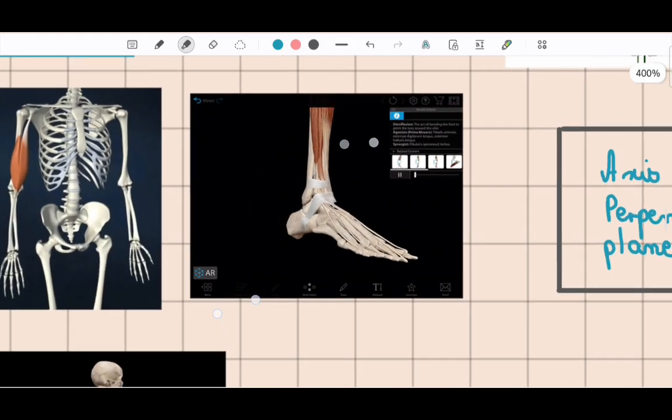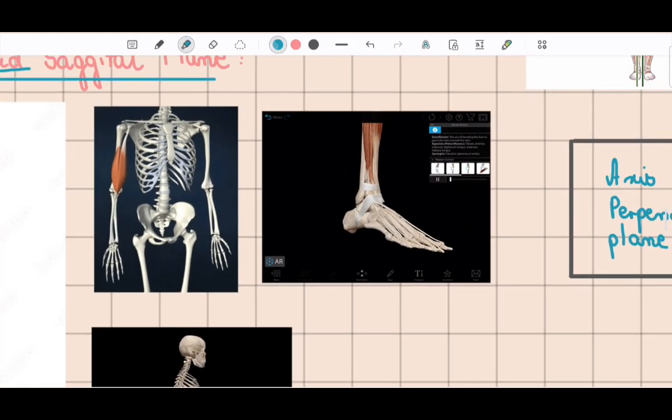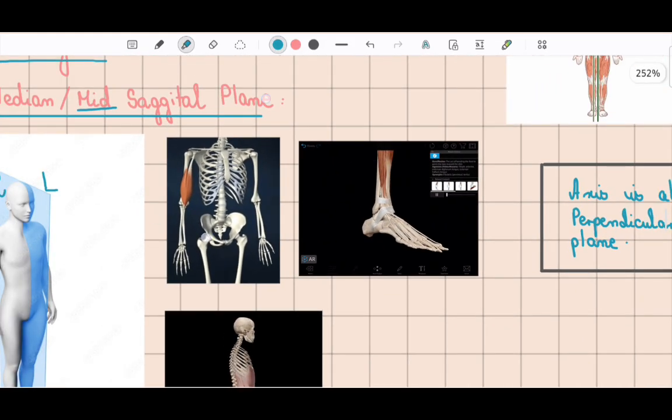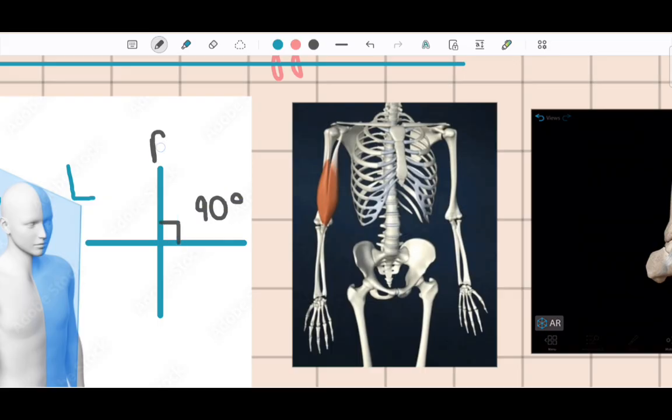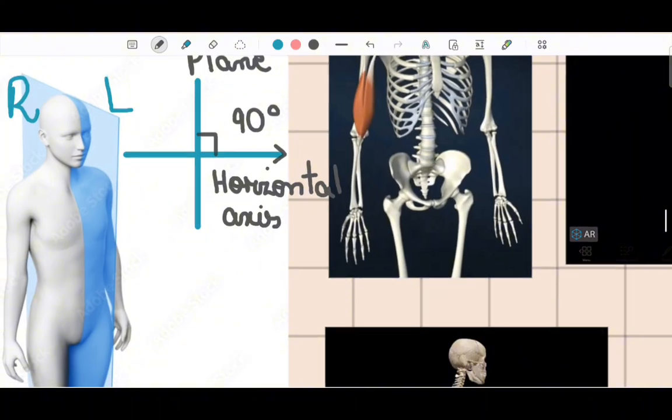Okay, so let me draw. For the median plane, this is your median plane, so the axis must be perpendicular to it. There is an angle of 90 degrees here, as you can see, and this is your plane, that is the median plane, and this is your axis, which is basically the horizontal axis. Now any movement which is occurring around a horizontal axis is a movement occurring in the median plane or the mid-sagittal plane.